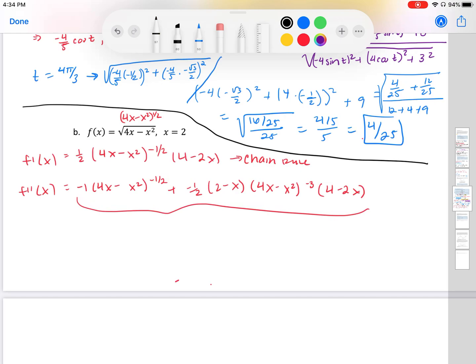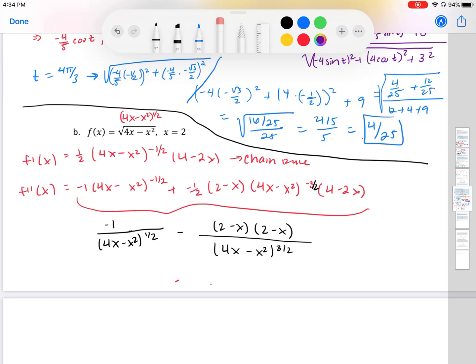Okay, so if we clean this up, let's write our negative exponents as 3 over 2 as denominators, so that we have negative 1 divided by 4x minus x squared raised to the 1/2 minus 2 minus x, 2 minus x, and 4x minus x squared to the 3 over 2.